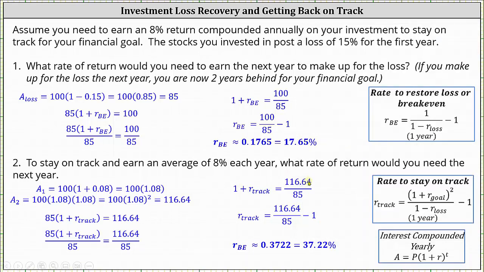In general, we can determine the rate needed to get back on track in a second year after a year of loss using the formula shown here on the right, which is r sub track is equal to the square root of 1 plus r sub goal divided by the difference of 1 and r sub loss, minus 1, where r sub goal in our case would be 8% and r sub loss is 15%.